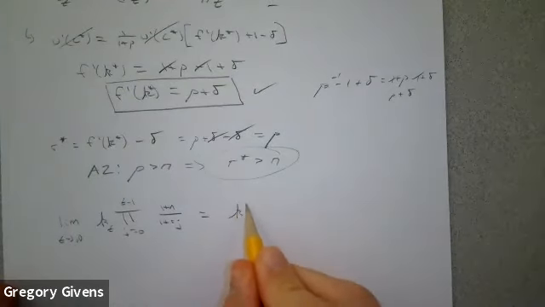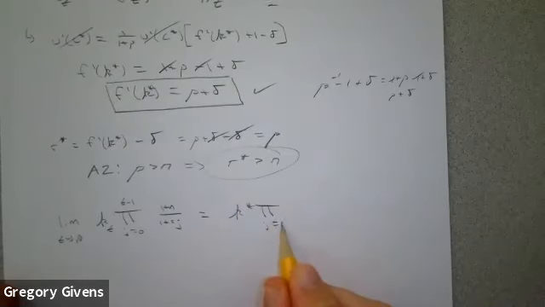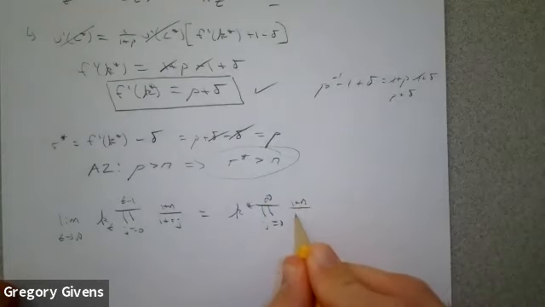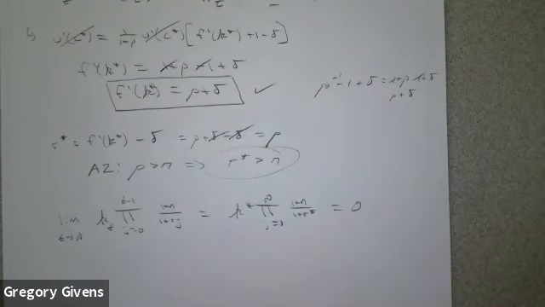It's k star times the product from j equals 0 to infinity of (1 plus n) over (1 plus r star), correct? Well, the only way this is equal to 0, which is what the transversality condition says, is if r star is bigger than n, right?